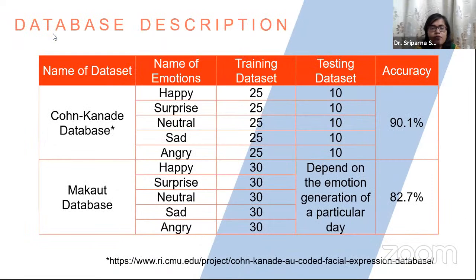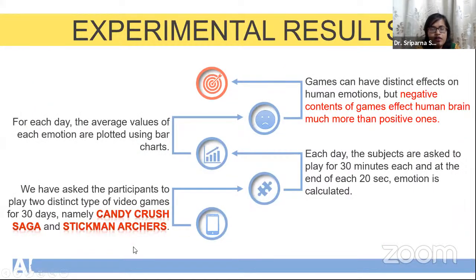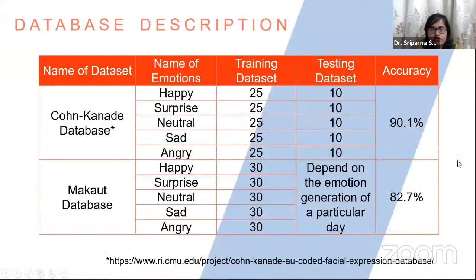For the two different types of database, we said we need a huge amount of data. So these are the two different databases. One is already available on the internet, freely downloadable. Another is the database we have created in our university, for which we have discussed how many days participants played and what the criteria were.